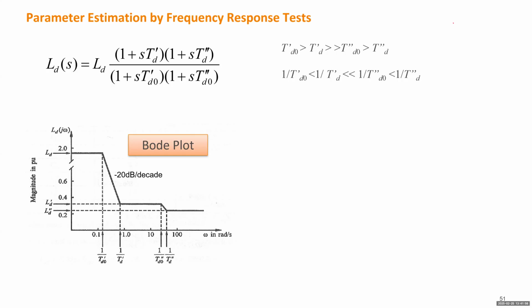It will cancel this slope, so the slope goes back to 0 again. The next one, TD0 double prime, will go down with a -20 slope and then become flat again. Okay, so if you're able to draw this figure, and by finding the turning points you can identify those frequencies, then you calculate the reciprocal. That will tell you the time constant. That's exactly how they do it, right?